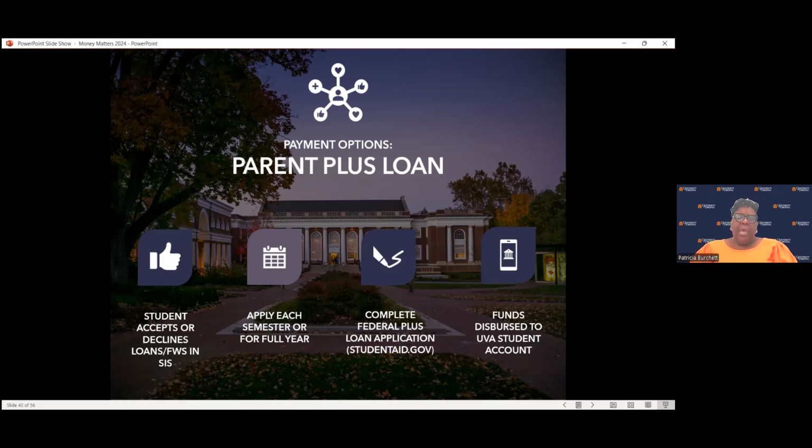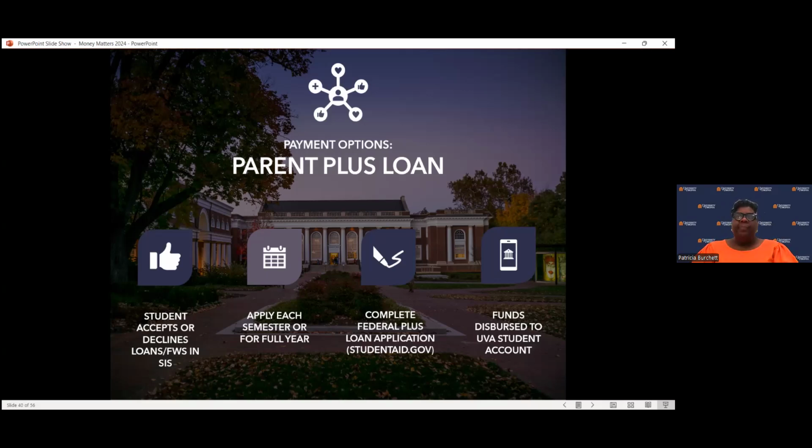And so your credit is checked, and you have to have credit worthiness to be able to be approved for a Parent Plus loan, because it's based on credit. And a Parent Plus loan can only be applied for after a student accepts or declines any kind of student loans that are available and have been offered to them, or federal work study monies.